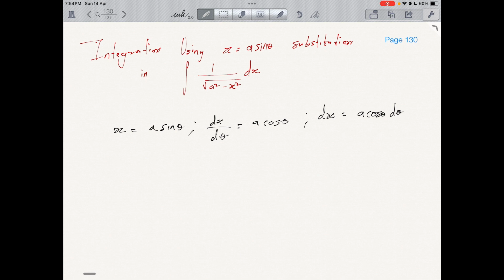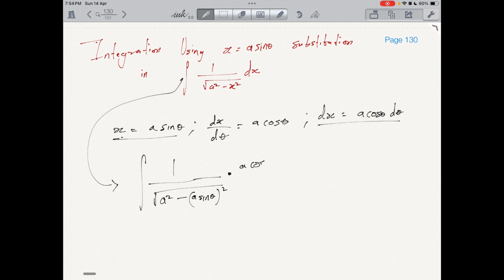Now, just as we do in substitution, let's change this variable from x to theta. So this becomes 1 divided by square root of a squared, and wherever we see x, we'll put a sine theta squared, and our dx is now a cos theta d theta.